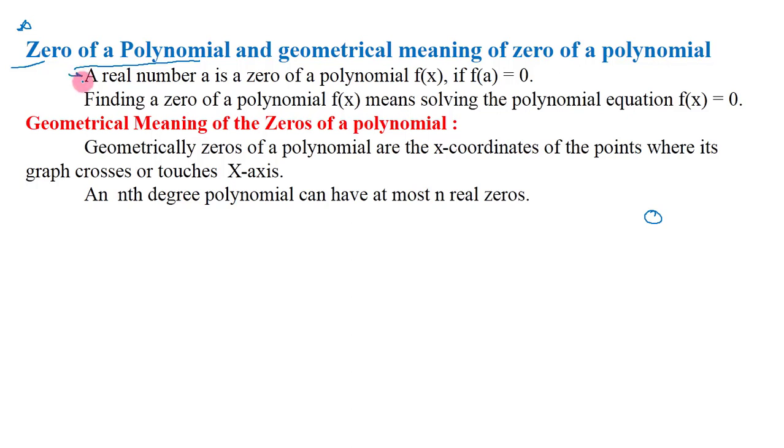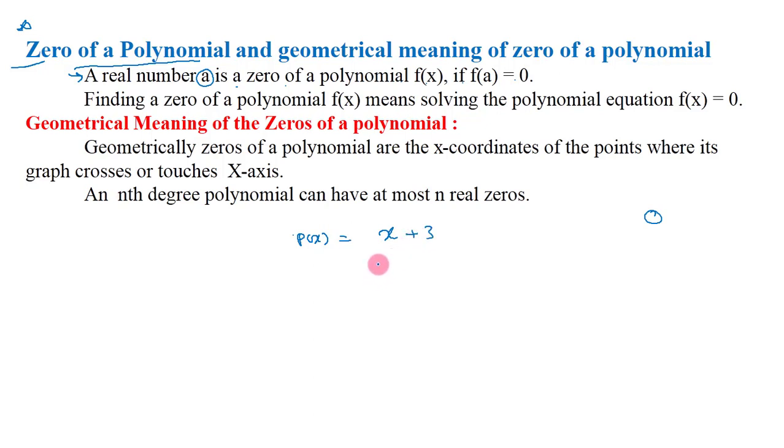Let us see the definition of the zero of the polynomial. A real number a is said to be a zero of the polynomial f of x if f of a is equal to 0. Sir, we did not understand that. Let us take an example. Let us take p of x is equal to x plus 3.